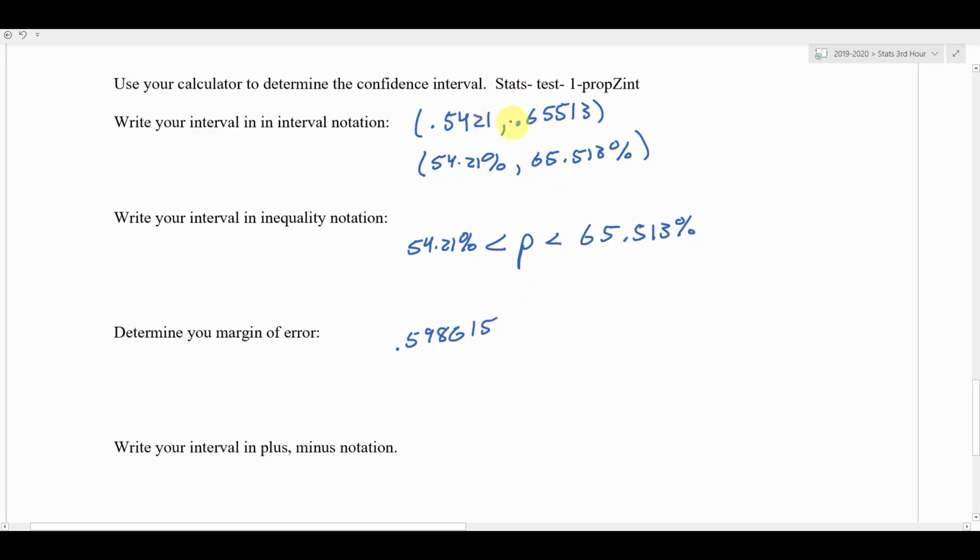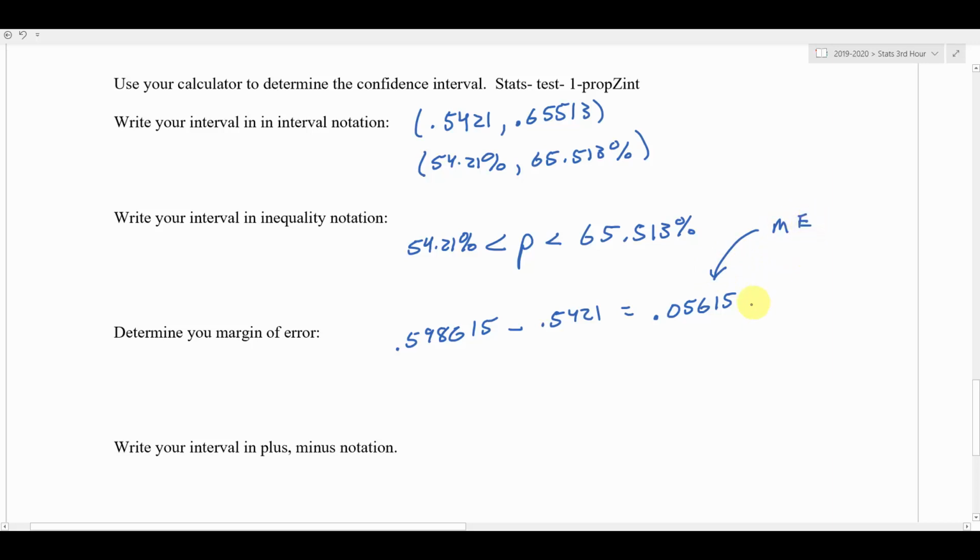So the distance from the point estimate to either one of these boundaries, that is the margin of error. So if I just take this point estimate, 0.598615, and I subtract the 0.5421, that gives me the distance between the center and one of the boundaries. And that distance, if I did this right, I got 0.05615. And this is my margin of error.